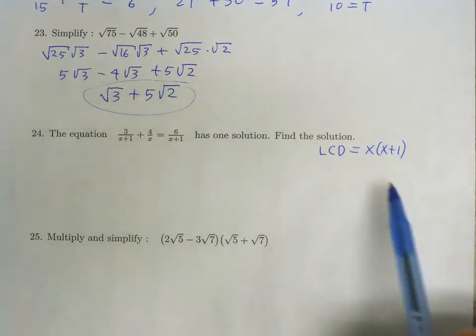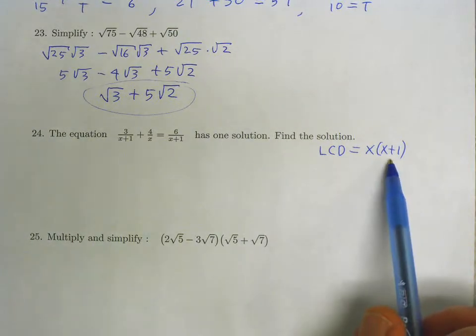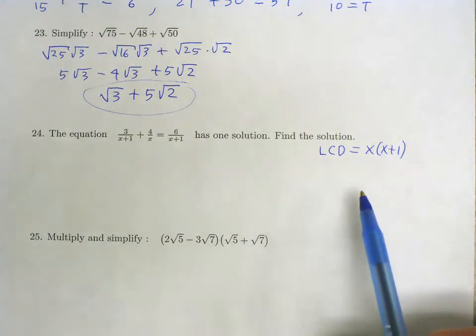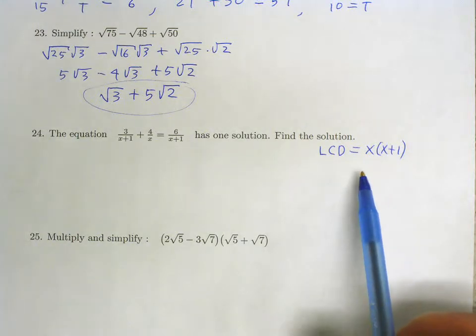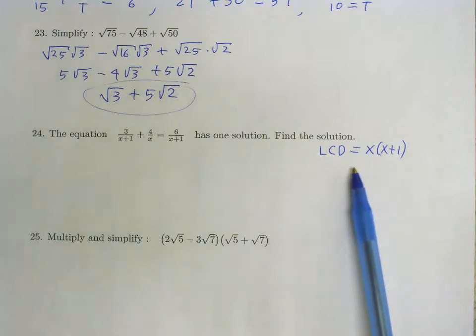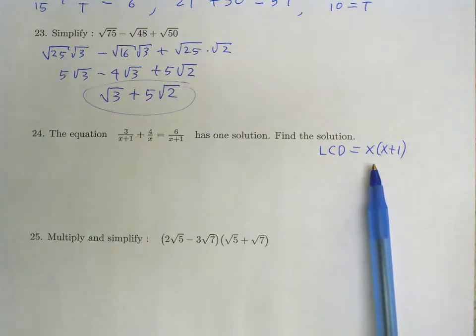Sometimes students will write x times x plus 1 times x plus 1. That is not the least common denominator. And you can still make it work, but you make a whole lot more work in the process. So endeavor to use the least common denominator.